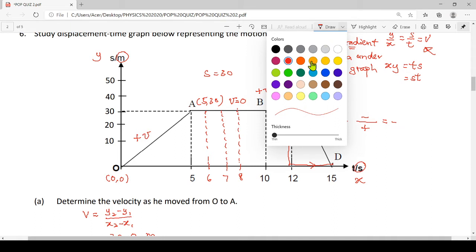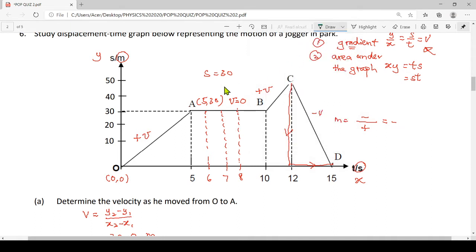From O to A, the distance is 30. From A to B, not moving. B to C, the distance is 20. How do I know? B is at 30 and then it moves to C, it will be at 50, so the difference is 20.